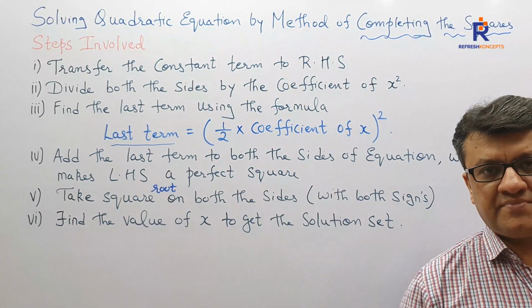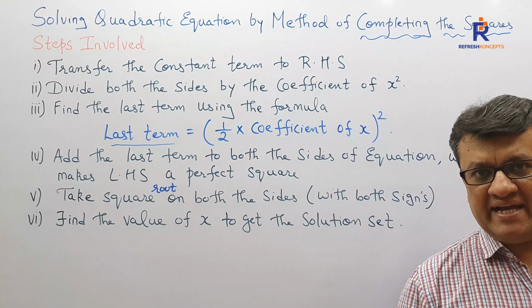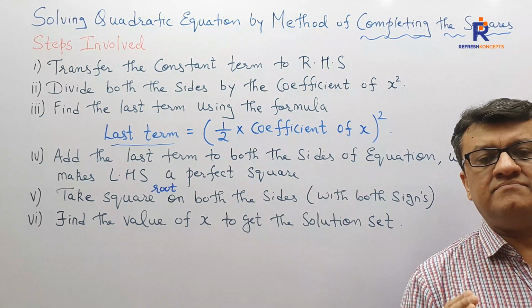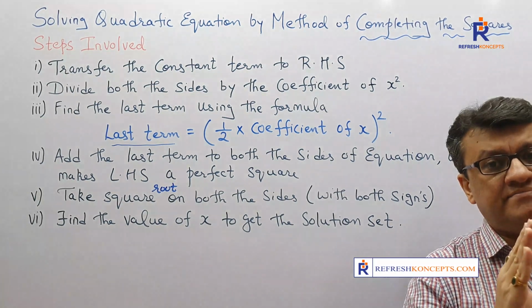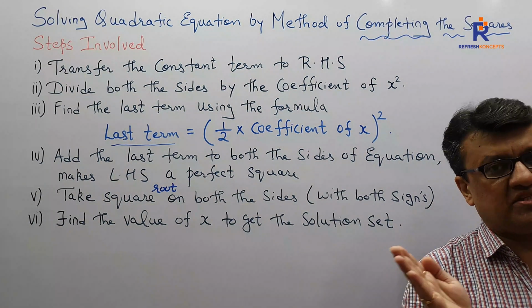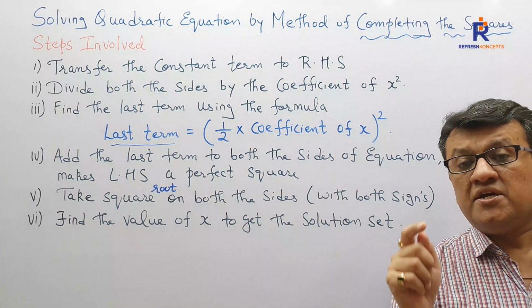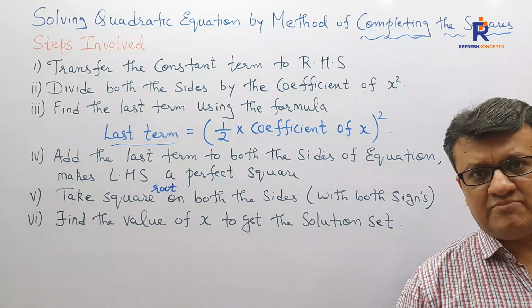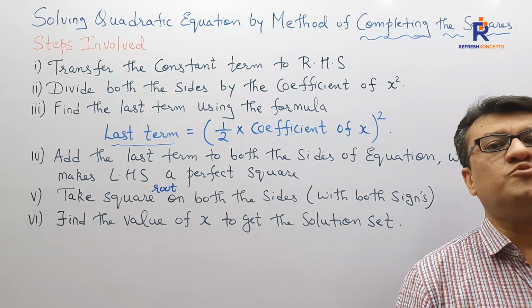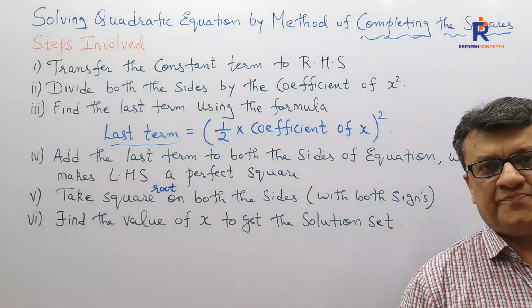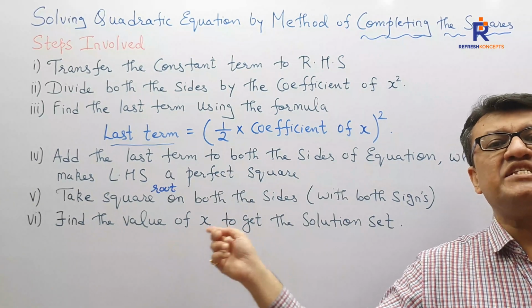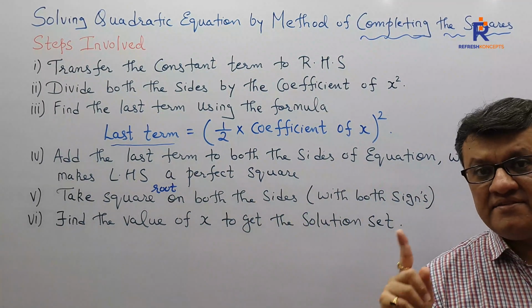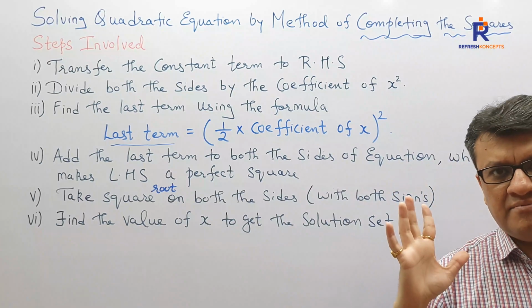Step number 4, whatever we got as the last term, add the last term to both the sides of the equation, that is LHS and RHS. The moment we add the last term to LHS, LHS will be a perfect square. Next step, taking square root on both the sides.